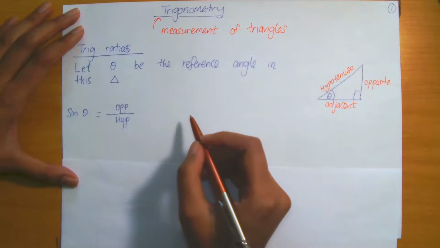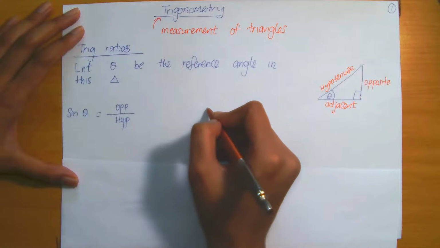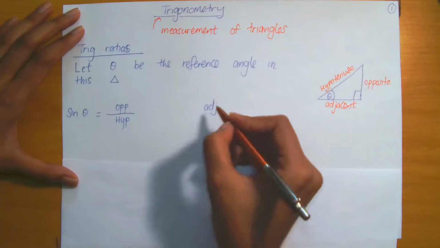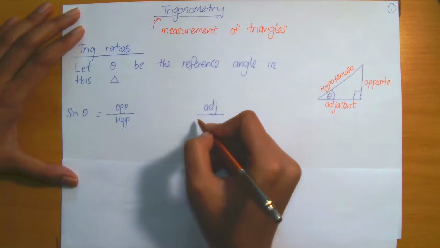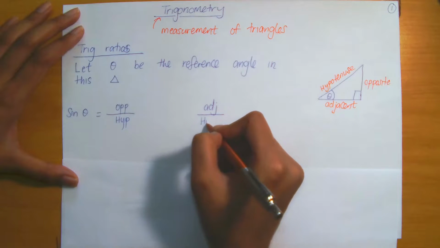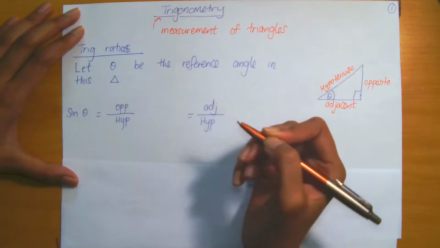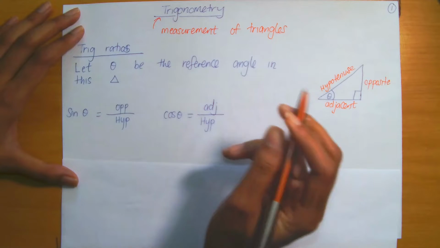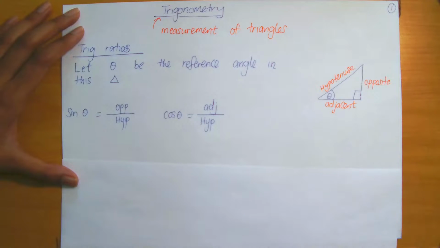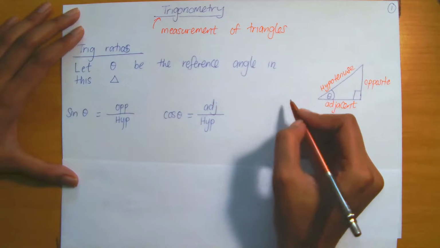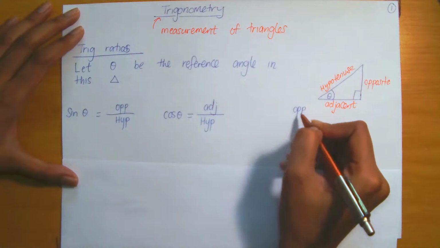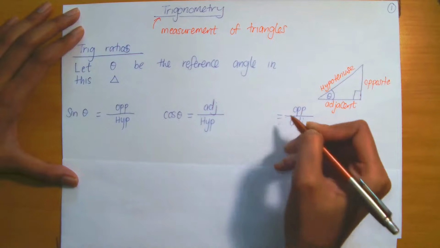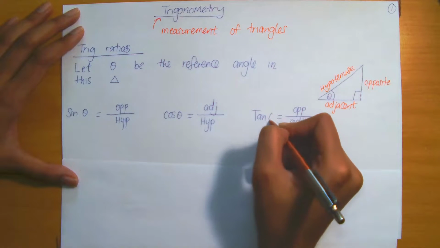In addition, the ratio adjacent, using shorthand ADJ for adjacent, divided by hypotenuse is equal to cos of theta. And finally, the ratio opposite over adjacent is equal to tan of theta.